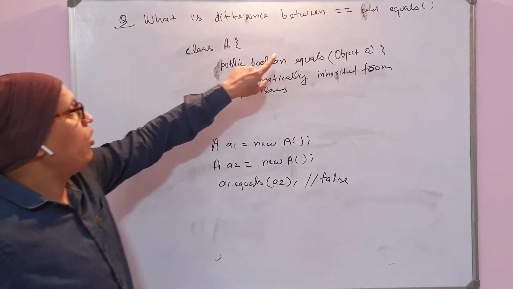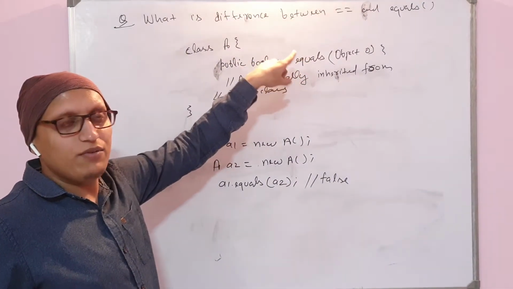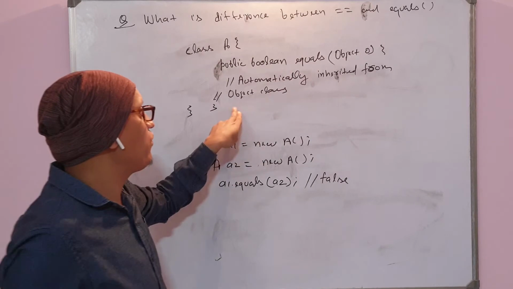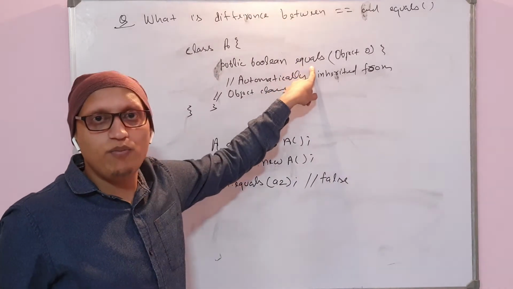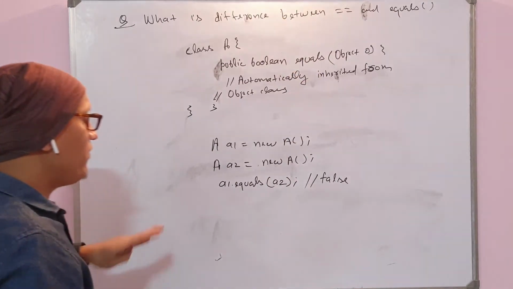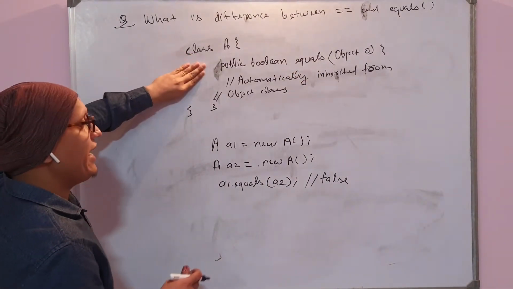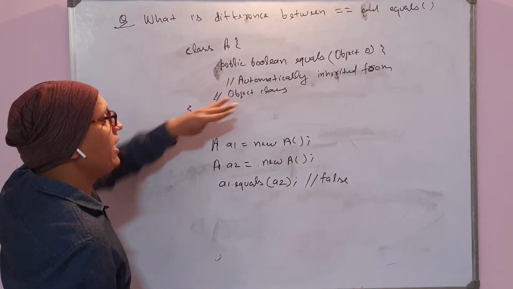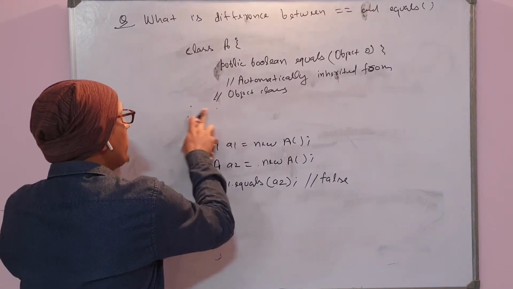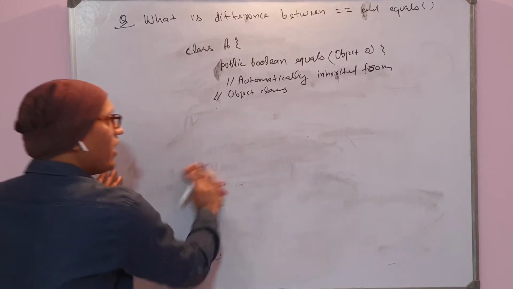Why? Because the equals method has not been overridden, it has been inherited from the Object class, so it has the default behavior. Again, it's comparing on the basis of double equal. So if I want to compare on the basis of content of this class A, then I need to override this equals method.